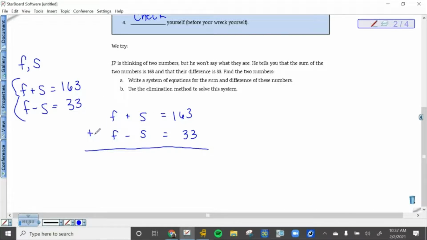So what is F plus F? 2F. And then we already figured out what's S plus negative S? 0. So 2F equals, what's 163 plus 33? Good job, yeah, 196. And now how do I solve for F?